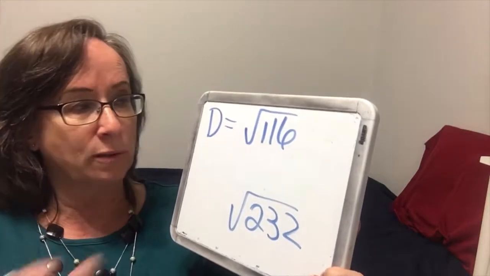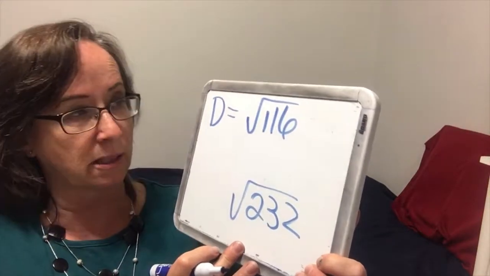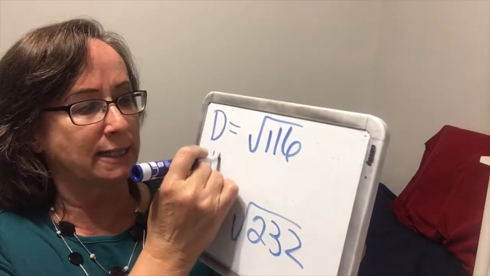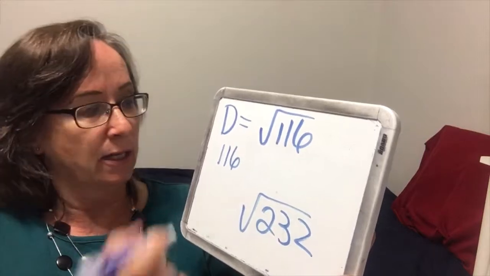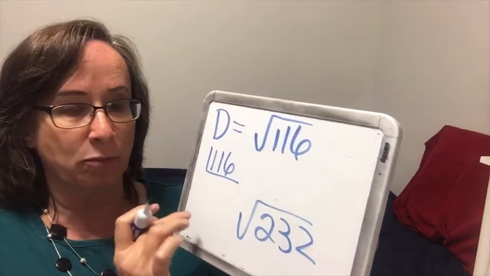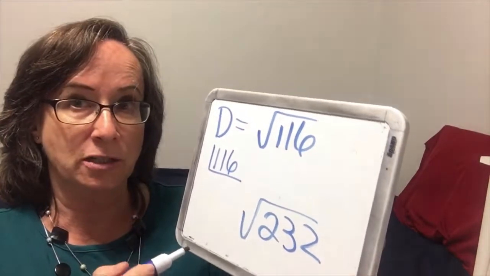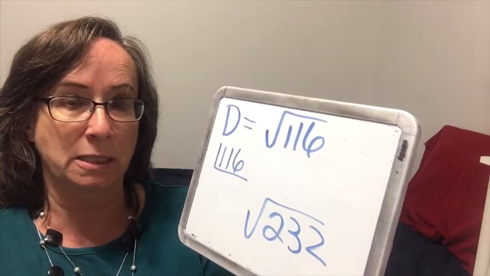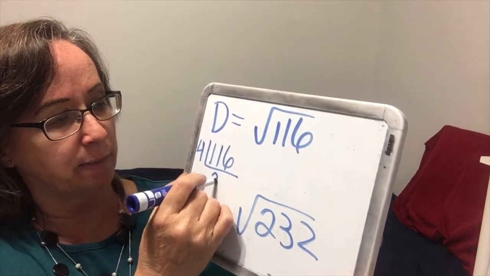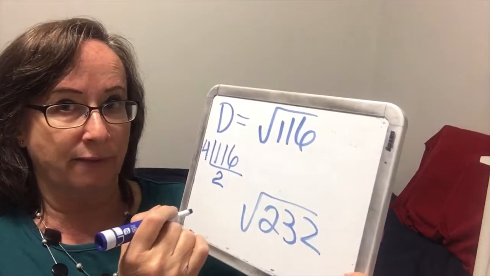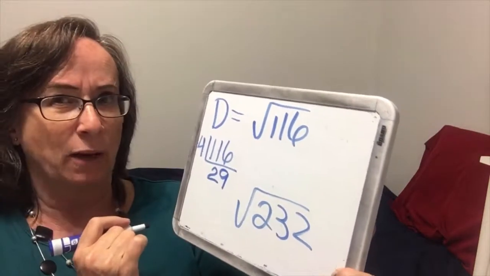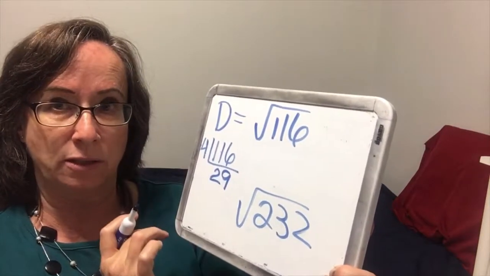We need to simplify these two radicals to get them in their simplest form. First, what is 116 divisible by? If I divide by 4, my divisibility rules tell me that if the last two digits are divisible by 4, the whole number is divisible by 4. So I'm going to pull out a 4: 4 goes into 11 two times, and then I have a 36 left over, and 4 goes into 36 nine times. So 116 is 4 times 29.